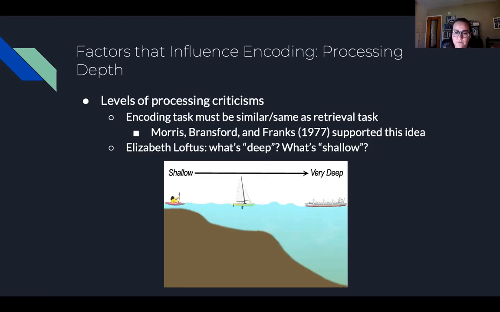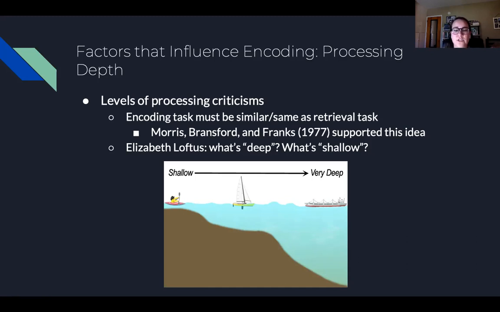So as an example, the conditions in which participants were deeply processing and deeply recalling, or doing more shallow processing based learning, that's a long string of words, and then having to recall them in a more shallow way, did better than those who had this mismatch between the conditions of the acquisition and the retrieval.